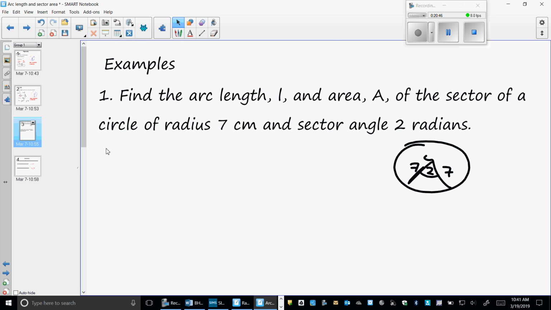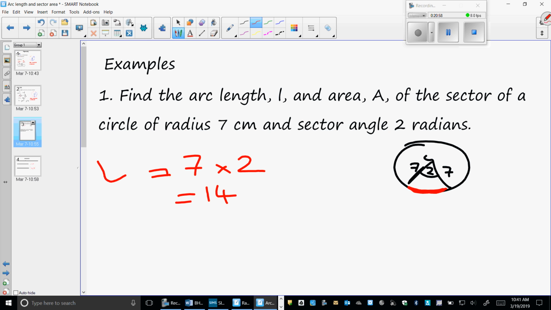The first thing they want is the arc length, so that's just going to be 7 multiplied by 2. And this will be centimeters because it's a length. And the area will be a half multiplied by 7 squared multiplied by 2.